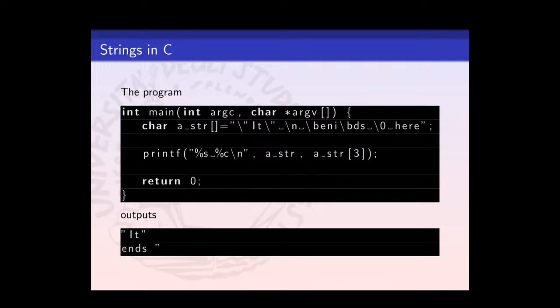Then we have a space, which should be visible because we are printing something after the space. But after the space, the symbol coming just after \n, we have another escape sequence, which is \b, which means backspace.